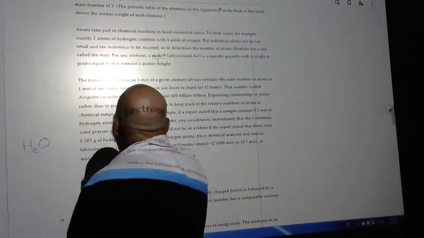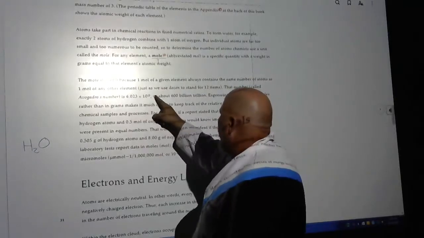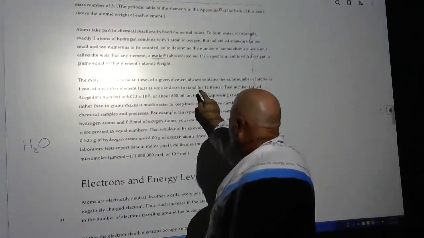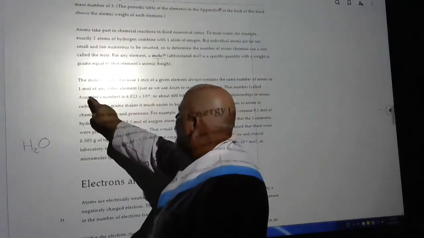So what is a mole? Everything has to have its own weight, so we use a standard number for any element, a mole. It's a specific quantity with a weight in grams equal to the element's atomic weight. We take 600 billion trillion, or 6.023 times 10 to the 23rd. In scientific notation, that's a lot of zeros. We call that Avogadro's number.